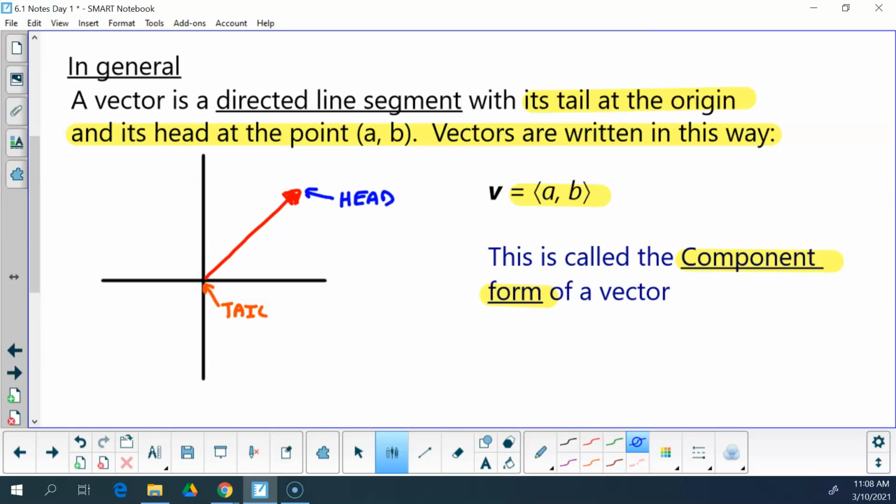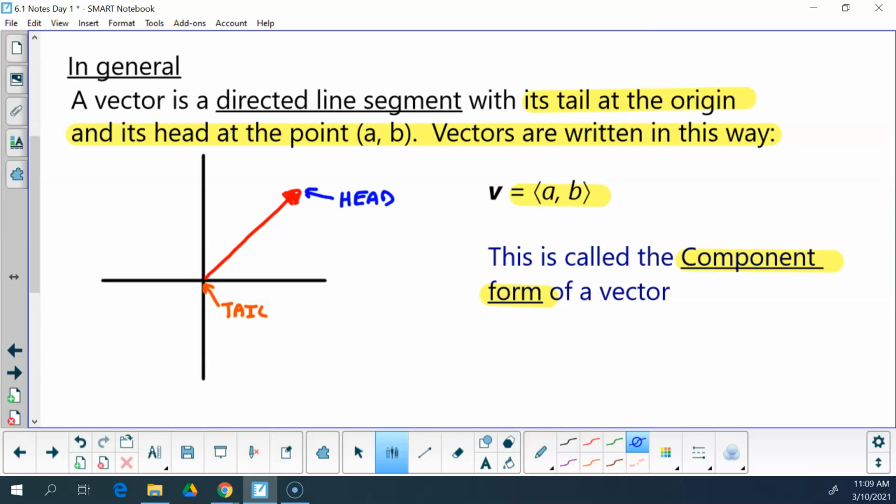Notice that the brackets are kind of like parentheses with a point, almost like half diamonds. But don't write them as parentheses, because parentheses mean something different. Parentheses would be a specific point. A vector is at a specific angle with a specific length.